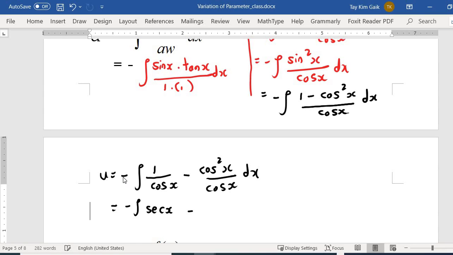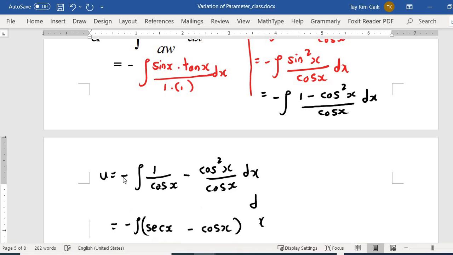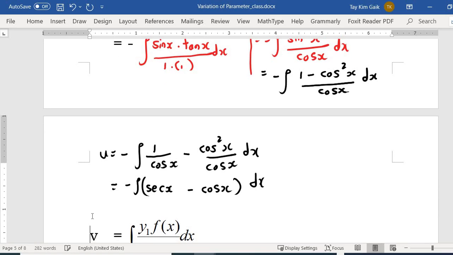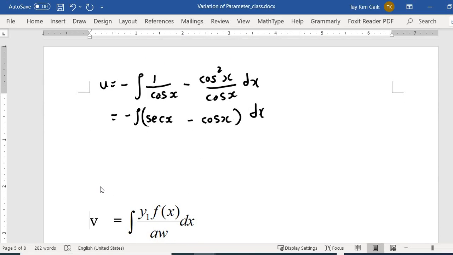Cos squared x divided by cos x simplifies to just cos x, dx. Then I will expand the negative, so negative negative is positive. So integrate positive cos x minus secant x dx.